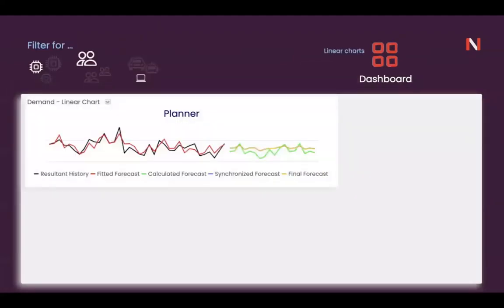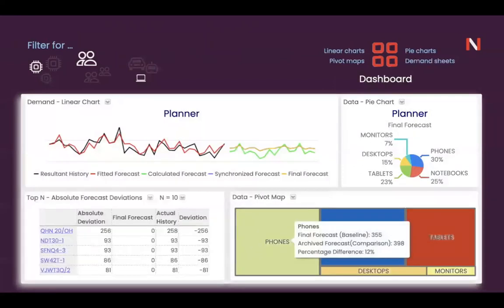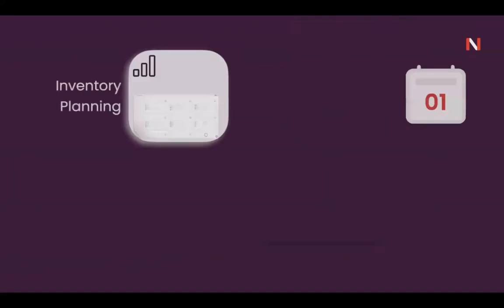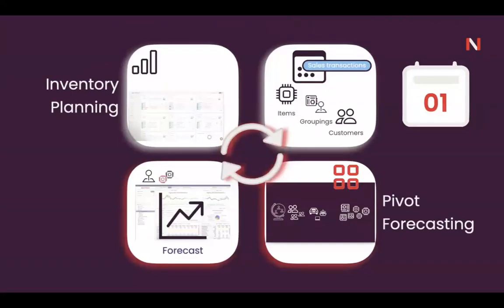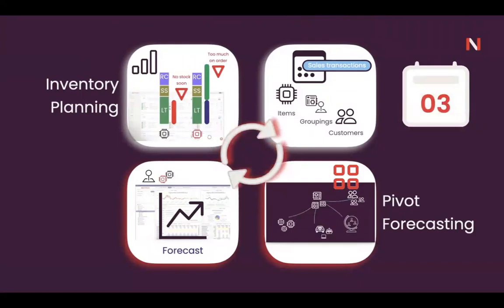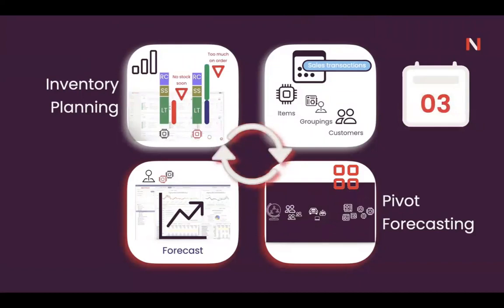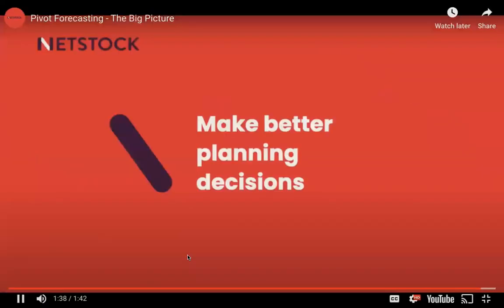Forecast performance tracking promotes exception management and accountability, and helps optimize time spent forecasting. Data can be downloaded to spreadsheets for offline review. Data for pivot forecasting is sourced directly from your Netstock app, eliminating the need for data compilation and manipulation. The intuitive interface with dashboards, drill down, and filter features provide a simple interface to generate forecasts. Pivot forecasting helps you to make better planning decisions with Netstock.